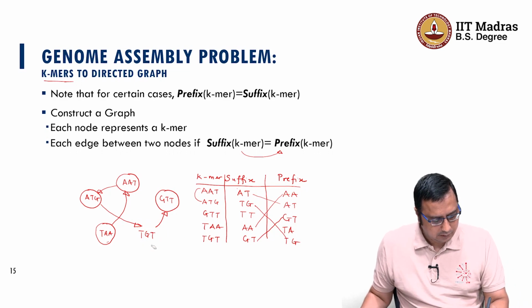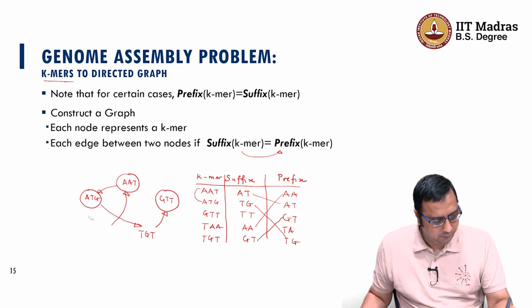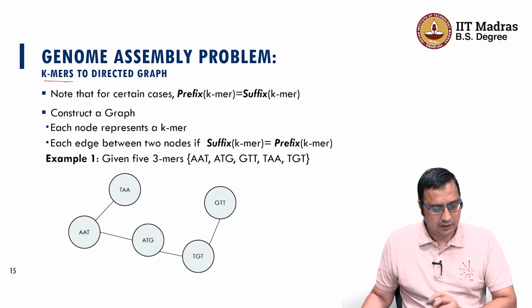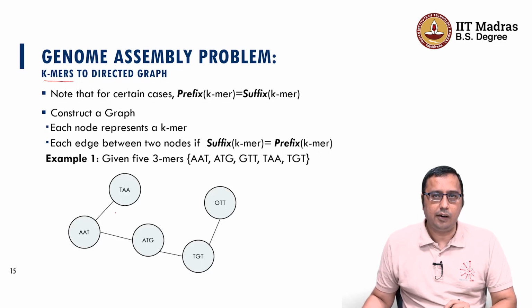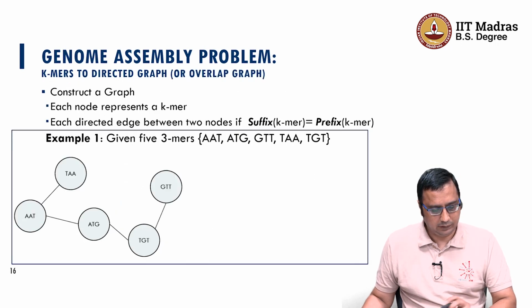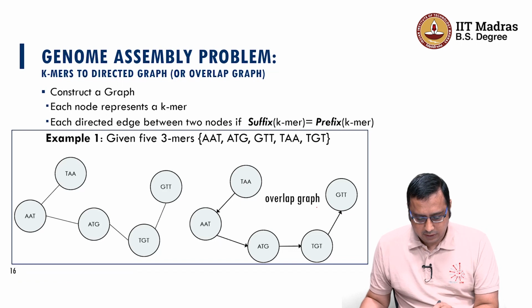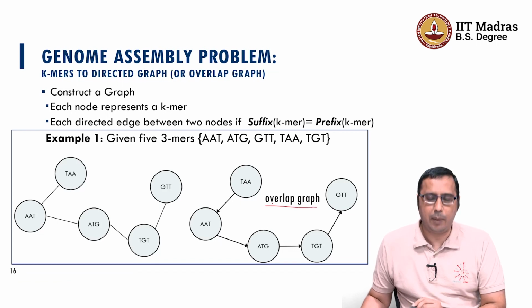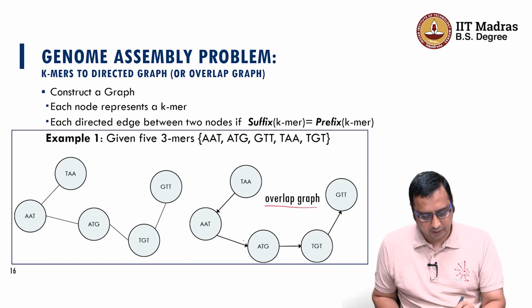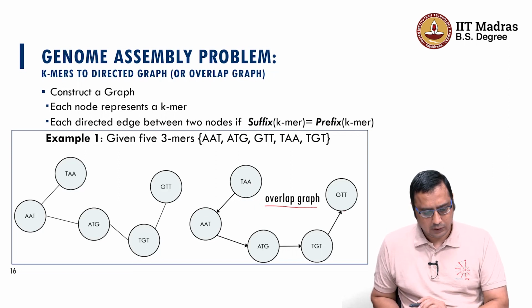I'll show you the final output of the system. For the same example, we first have an unlabeled or undirected graph, and then for the same example we got the labeled graph. This labeled graph is called an overlap graph, where we have a directed graph moving from one k-mer to another k-mer.